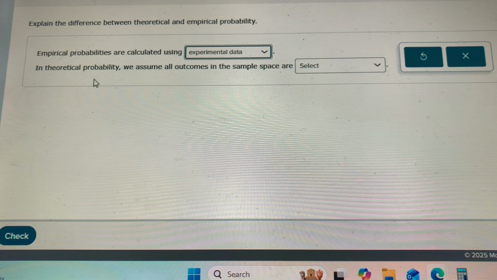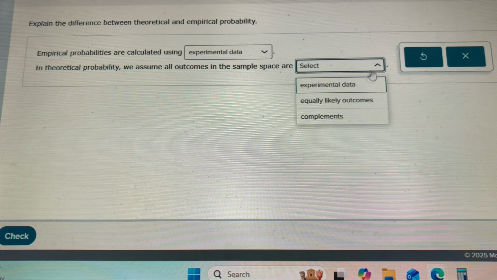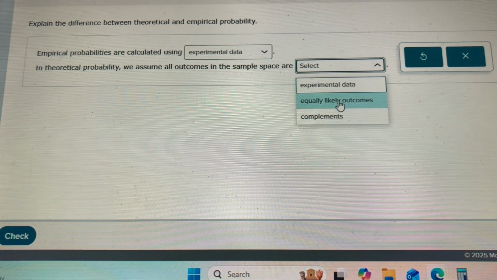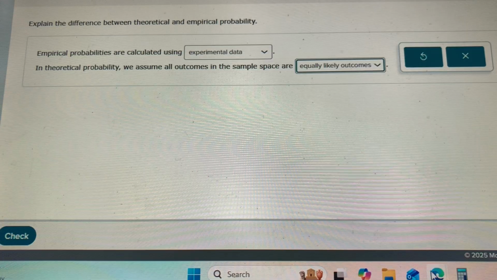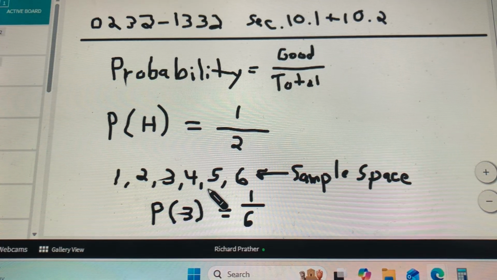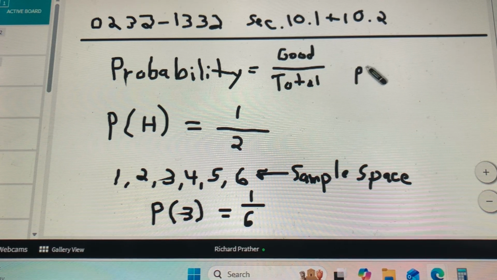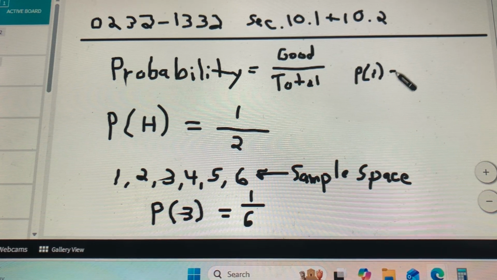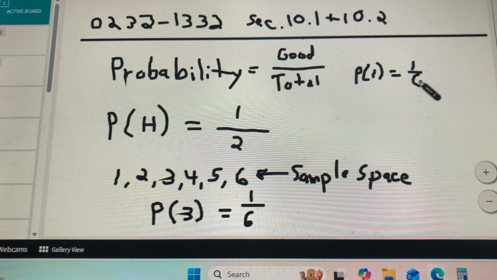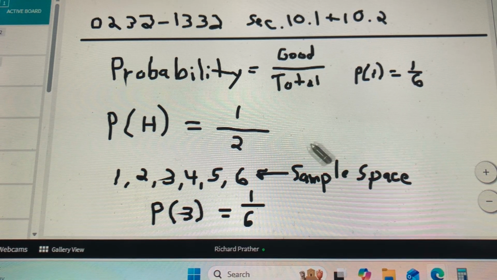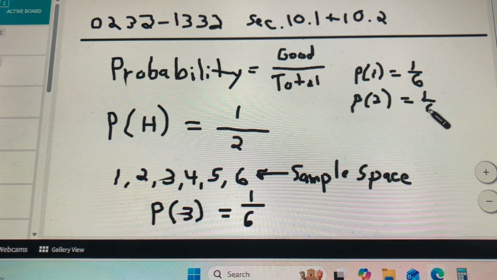In theoretical probability, we assume all outcomes in the sample space are equally likely outcomes. And that's why on this die problem right here, with rolling one die, the probability of a 1 is 1 out of 6, because only one side has a 1. The probability of a 2 is 1 out of 6, and so on.